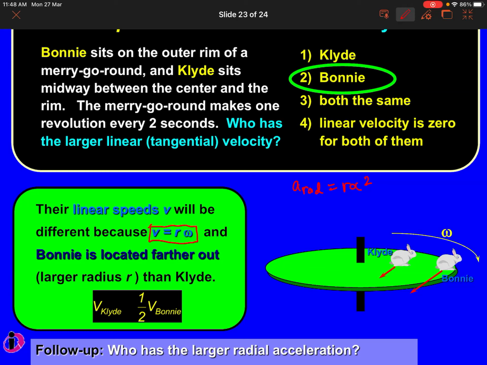Or sorry, I got this wrong. This one is the one that's related to omega squared. So of course, the one located at a bigger radius will also get the bigger radial acceleration.